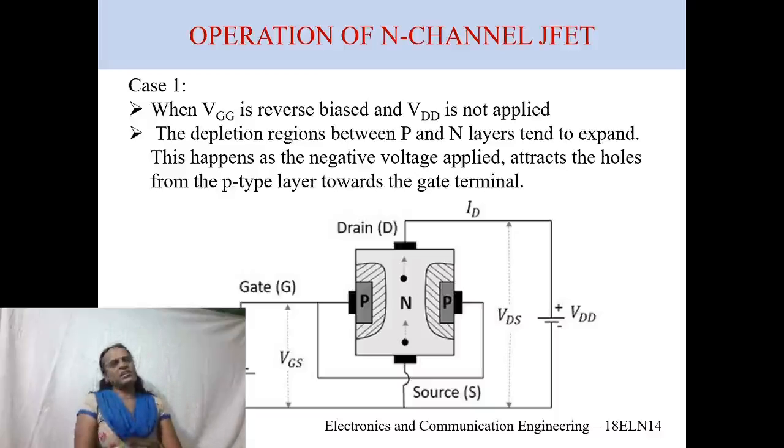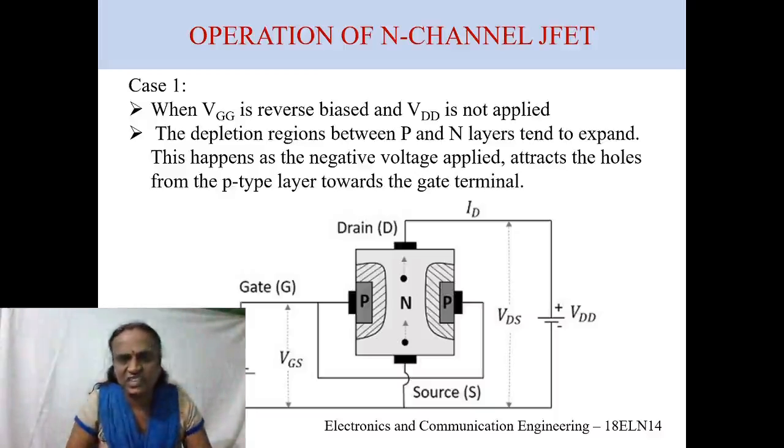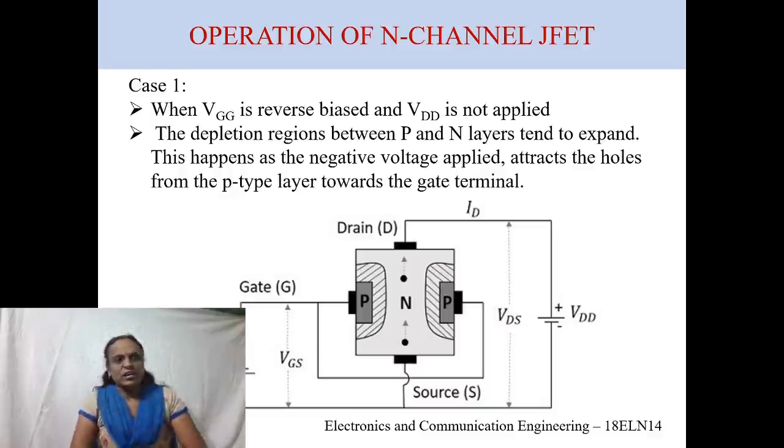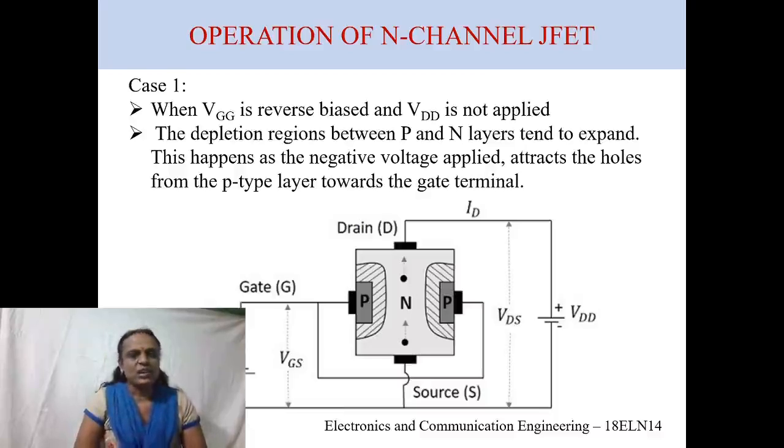This operation of an N-channel JFET can be considered as types of cases, like case 1, case 2, and so on. Before going into the operations of a FET, one should understand how the depletion layers are formed. This depletion layer is not a new terminology for you because we have already seen it in the previous module.